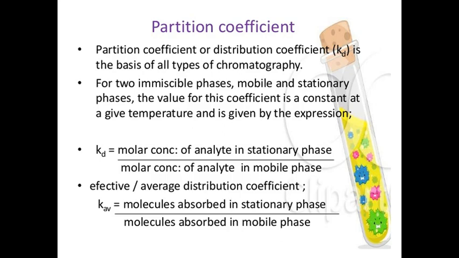So whenever we perform gel filtration chromatography, how is your sample molecule distributed into these two phases? Partition coefficient, denoted by Kd, is equal to the molar concentration of analyte in the stationary phase divided by the molar concentration of analyte in the mobile phase.